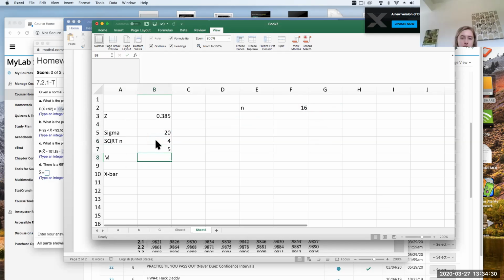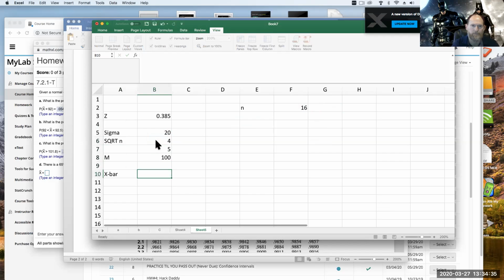And that mean is, what did we say, 100? So this is going to be that times that plus that. We don't have to do anything special because the PEMDAS is already there, left to right.